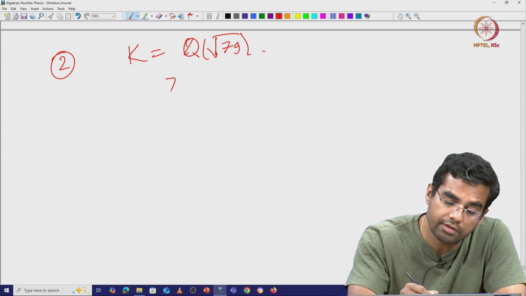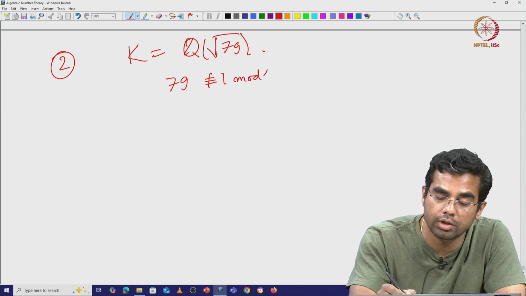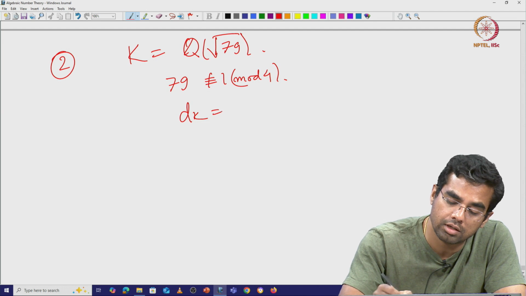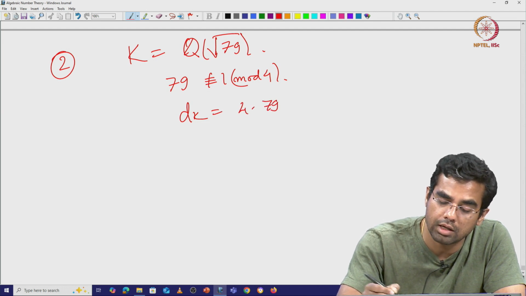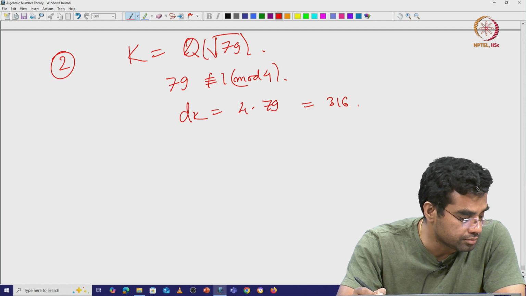So 79 is not congruent to 1 mod 4, it is 3 mod 4, right, and so the discriminant is 4 times 79, which is 316.